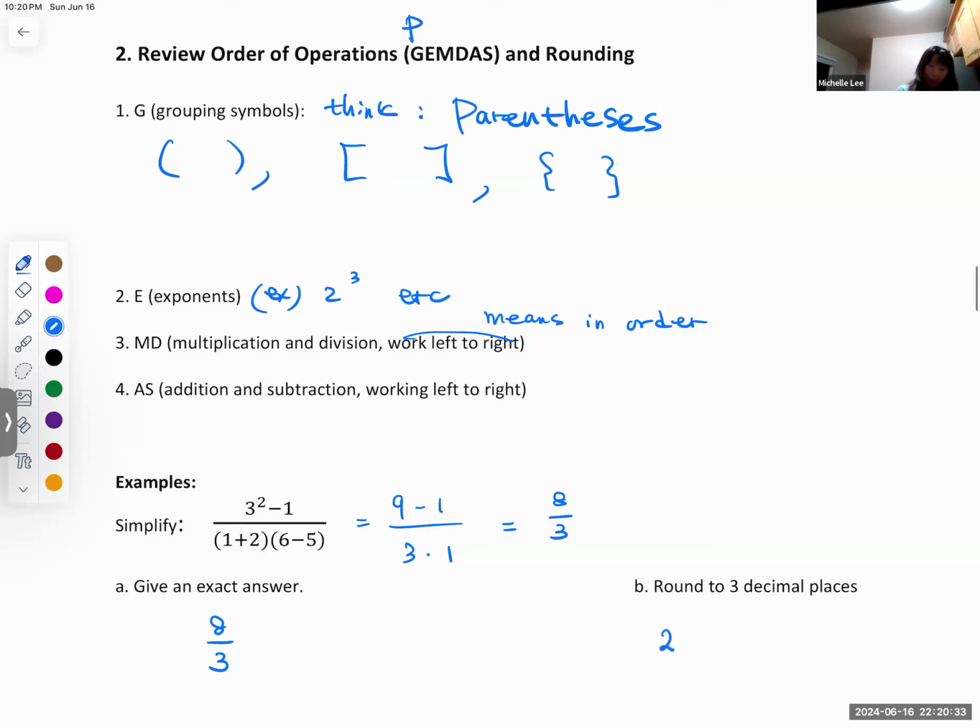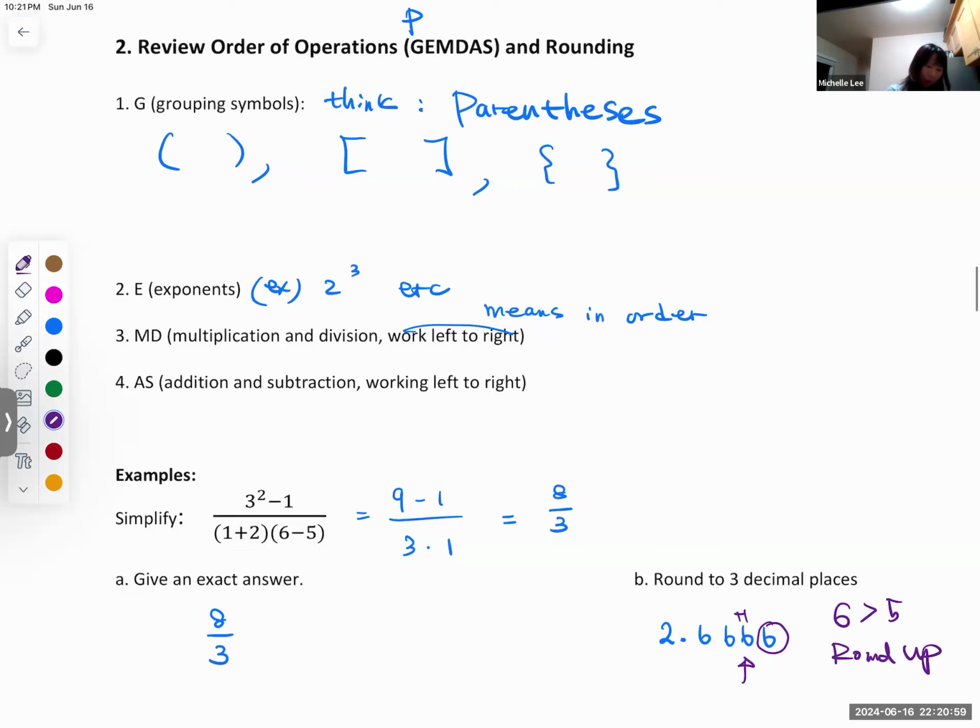So let's make it 3 decimal places. We look at the fourth digit, which is a 6. 6 is greater than 5, so we round up. Round up means we give it to the 1 on the third digit. So that will be 2.667, rounded to 3 decimal places.